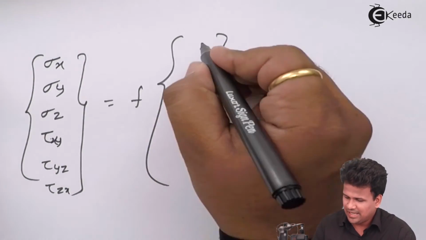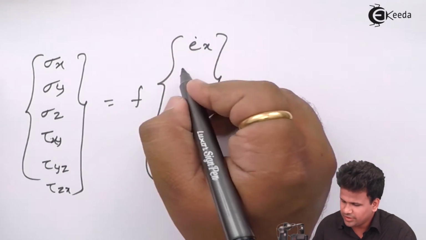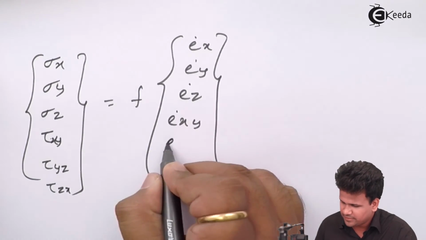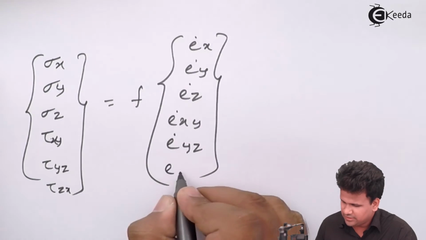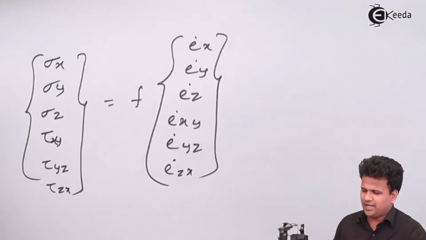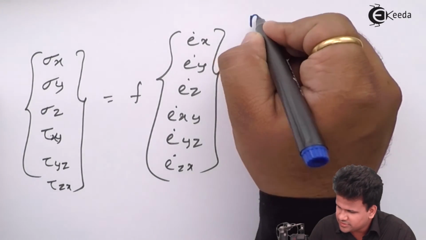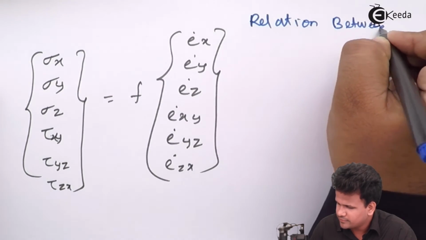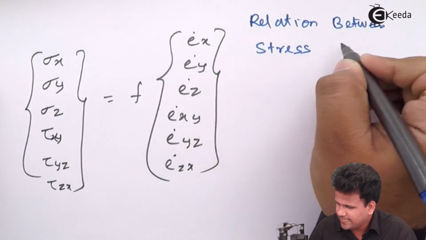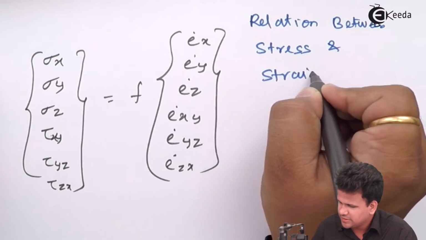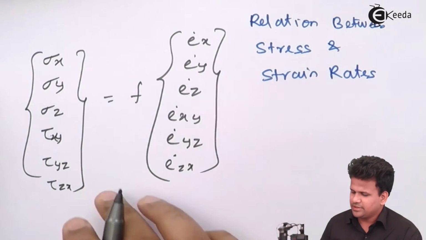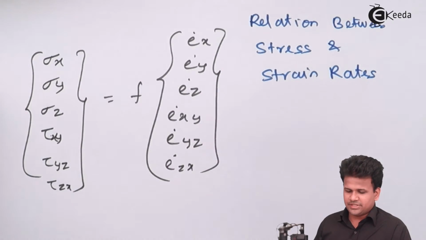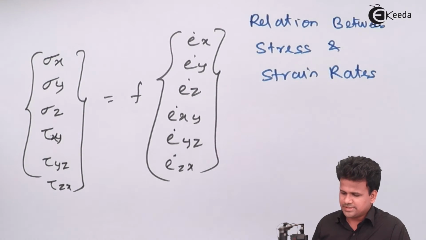Because over here we'll have ex dot, ey dot, ez dot, e of xy, e of yz and e of zx. Now why do we have stress and strain rate? This will be a relation between stress and strain rates, because we know by Newton's law that stress is directly proportional to strain rates.